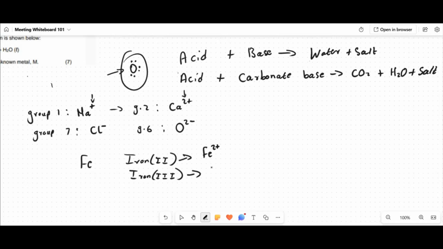Then if it's iron 3, it means that your iron can donate 3 electrons, it is Fe3 plus. Even for things like copper, Cu, they will also refer you to it like this. And that is what you need to build a compound.